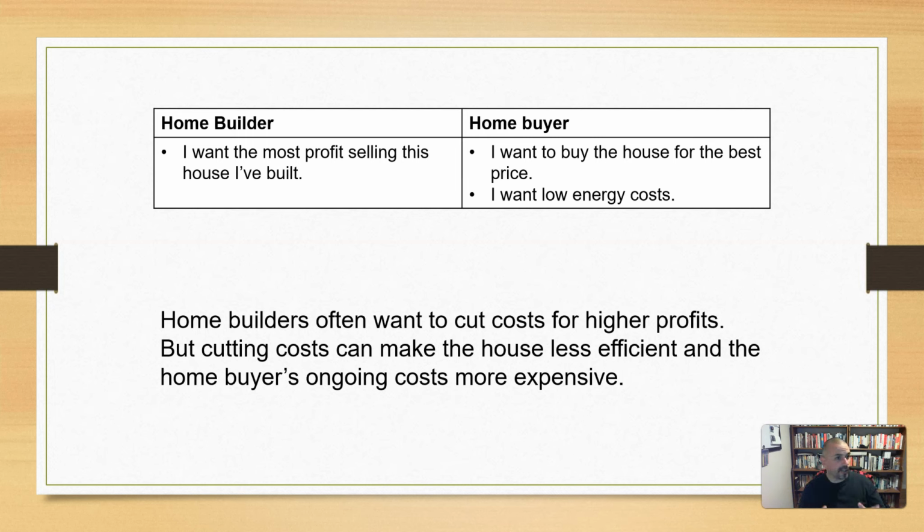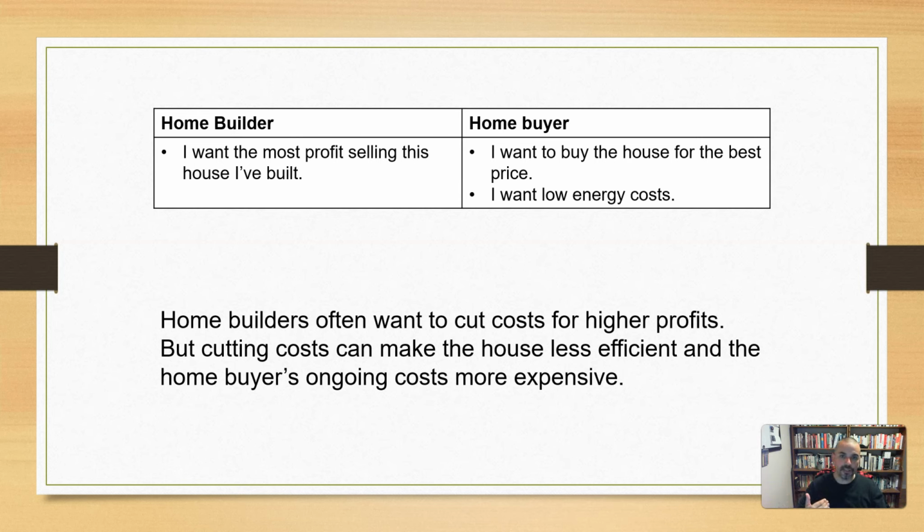A computer printer can be very cheap, but then you realize that you're dependent on the ink cartridges or the toner cartridges, and they're very expensive. In the same way, if you buy a home, the price might be low, but if its energy costs are really high, you may lose all of the savings from the low buying price.